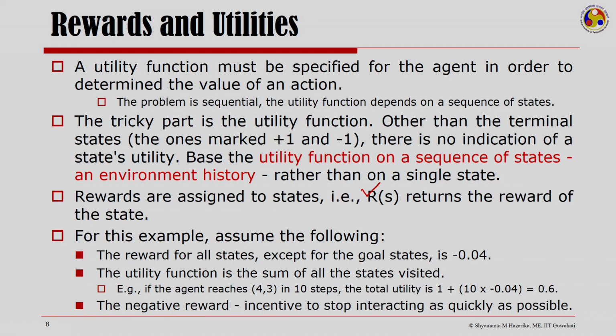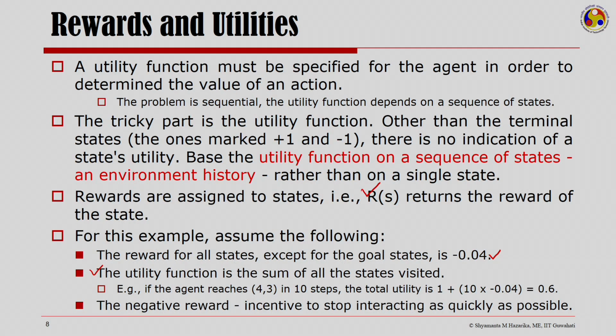For this example, we can assume that the reward for all states except for the goal state is minus 0.04, and then the utility function is the sum of all the states visited so far.